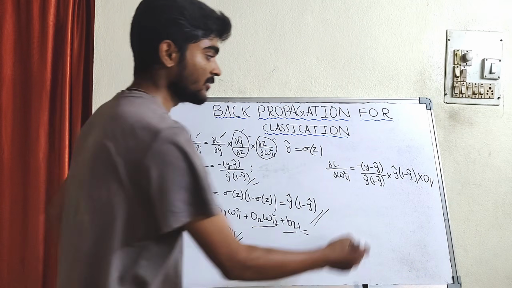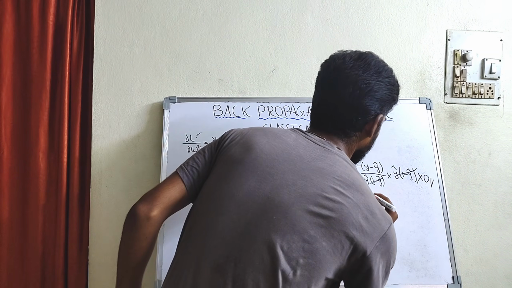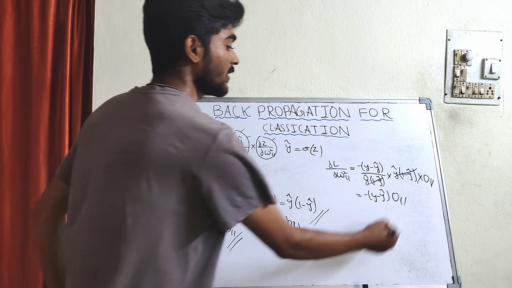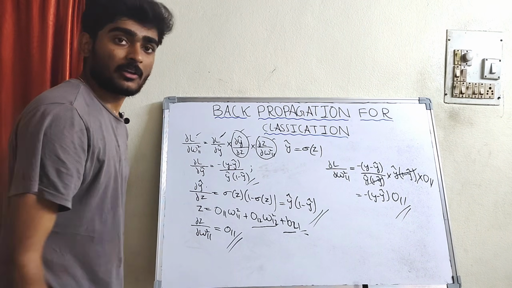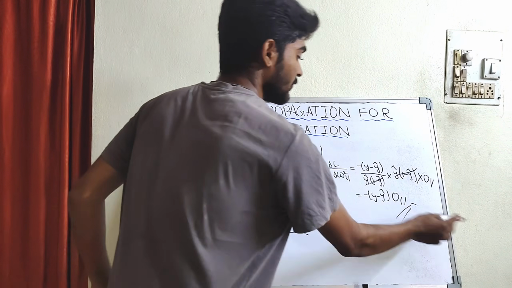Now you can see that these two terms cancel out. I'll be left with minus of y minus y hat into O11. This is our final derivative value of this partial derivative.